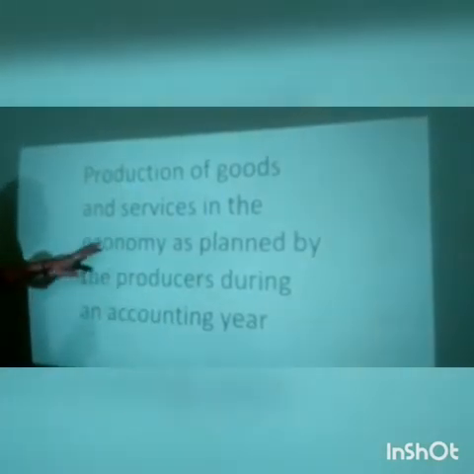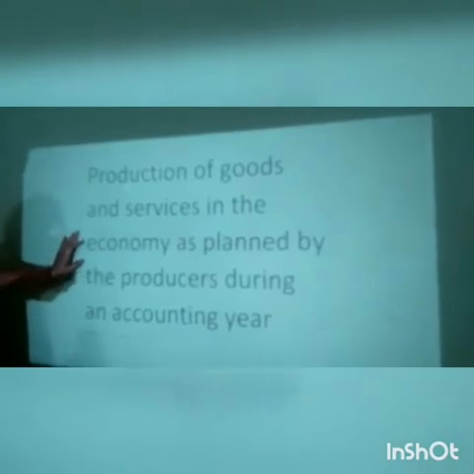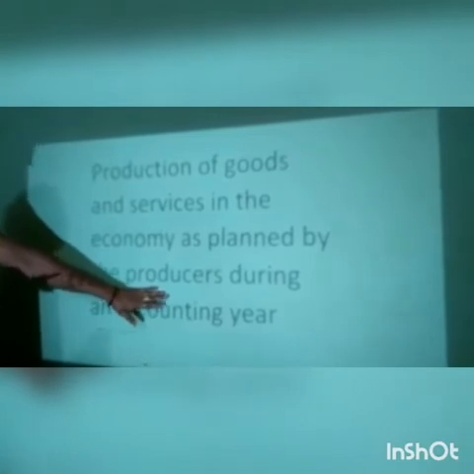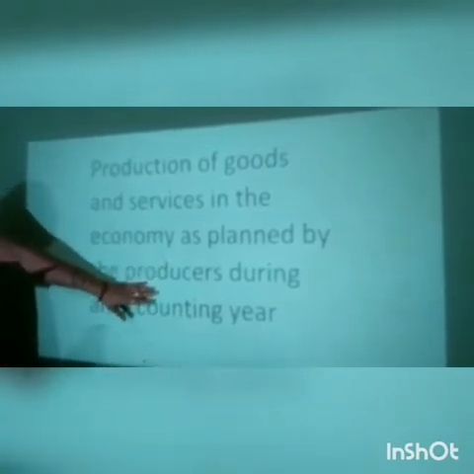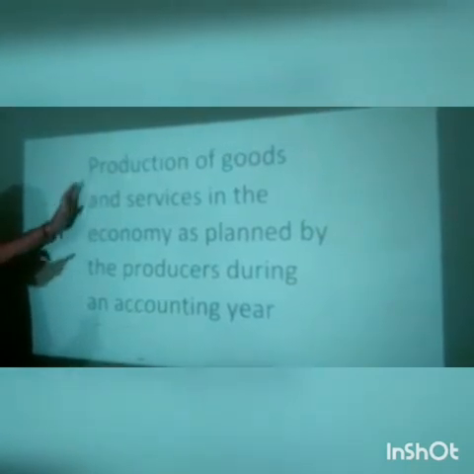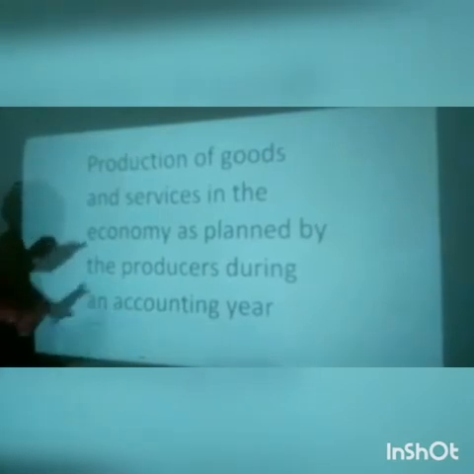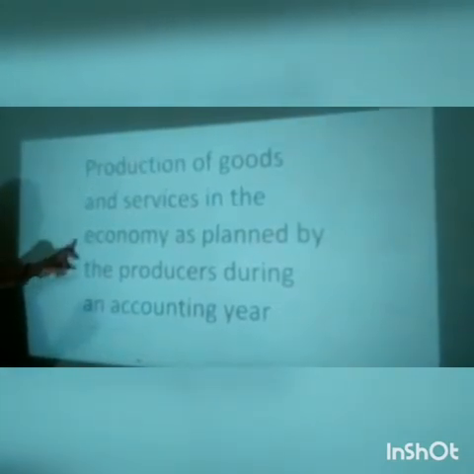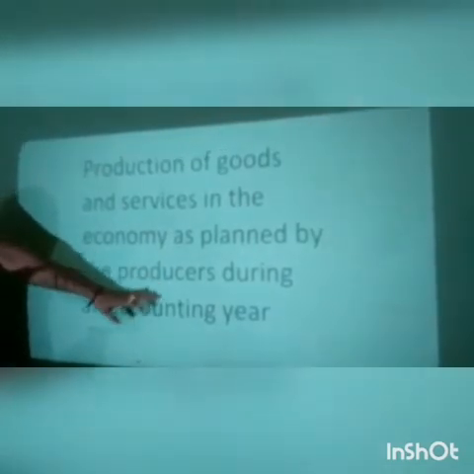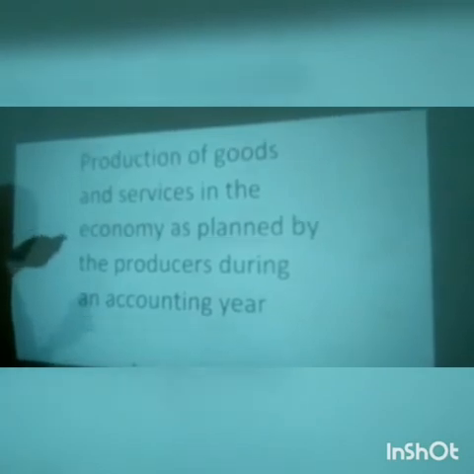Means whatever production of all the goods and services which the producers of the economy are planning to make, all that planned production is known as aggregate supply, and that is pertaining to one accounting year. Clear? So production of all those goods and services which the producers of an economy are planning to produce in a period of an accounting year is termed as aggregate supply.